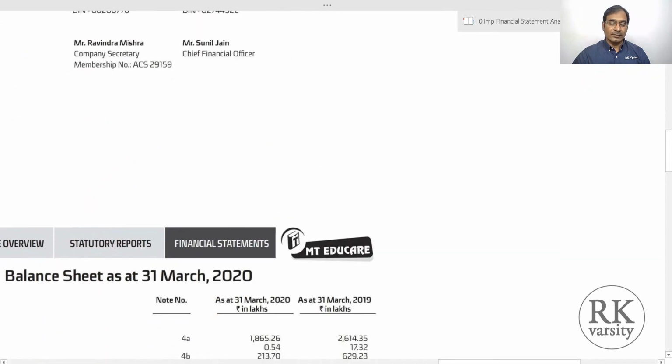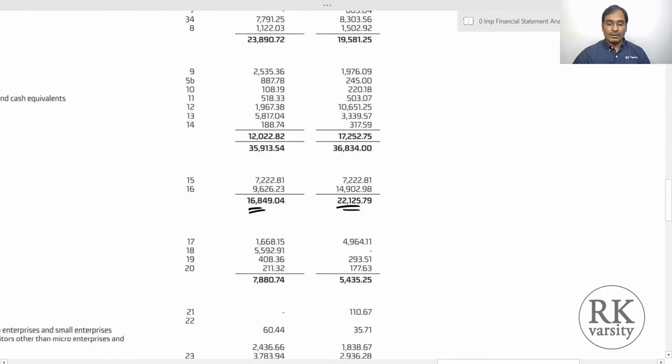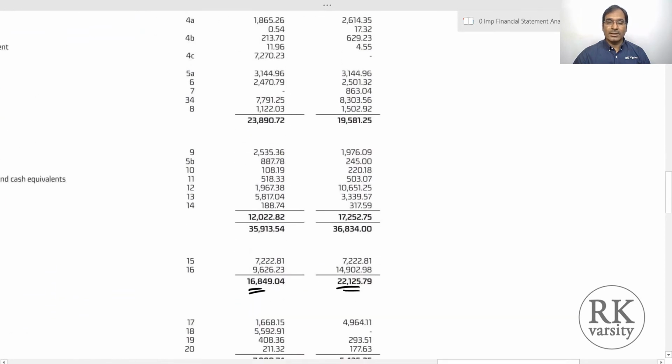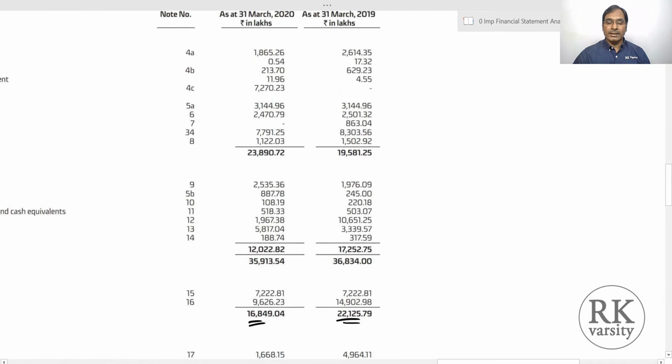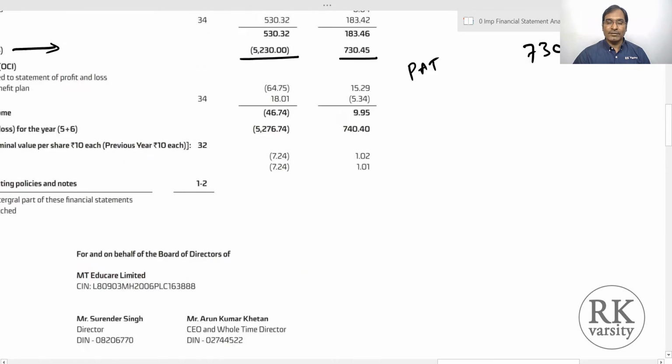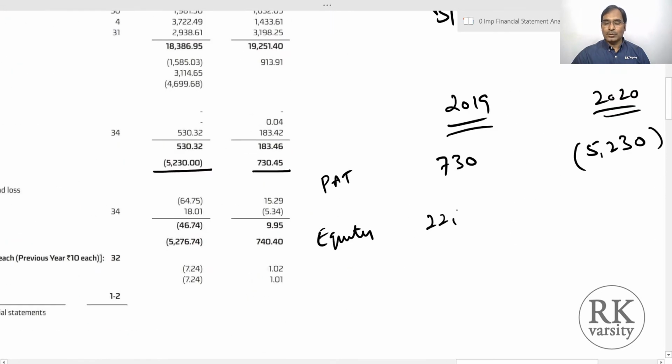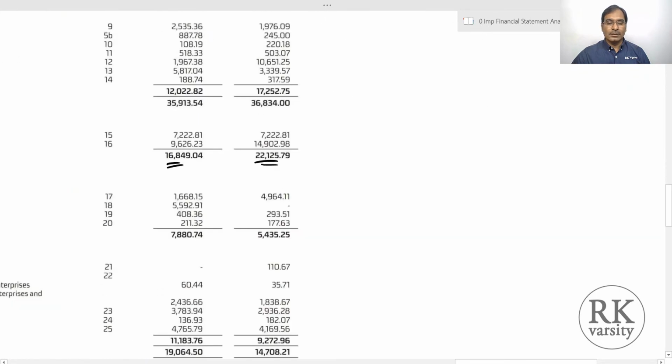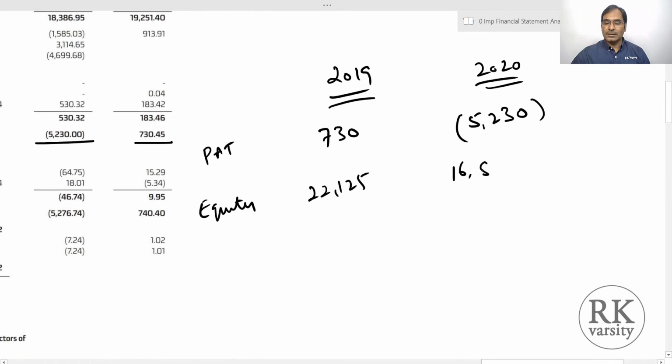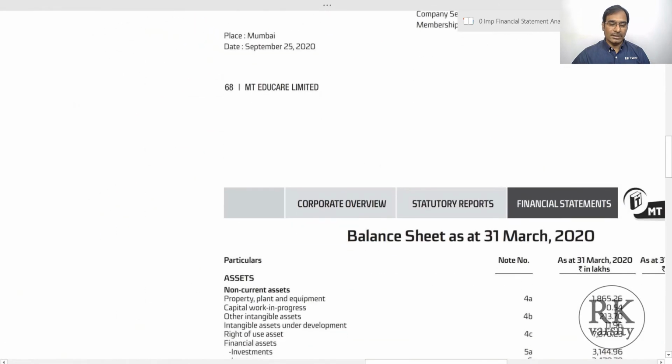Then we go to the equity. In the financial year 2019, total equity is 22,125, and then 16,849. This decrease in equity may be because of a change in other equity. We'll see that also.